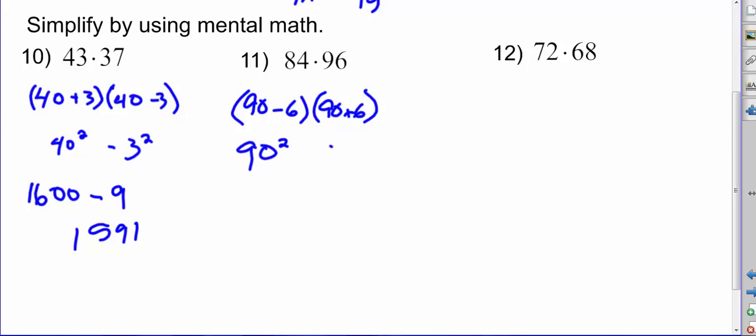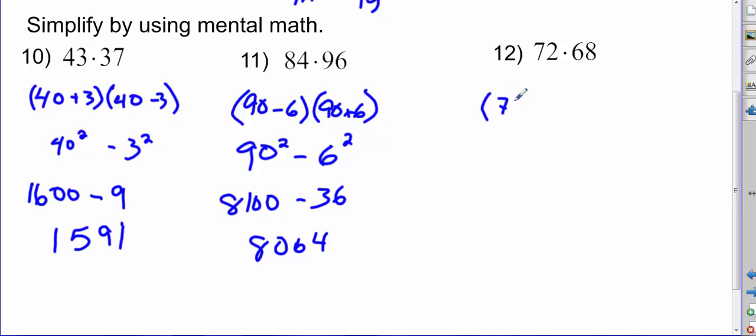So we can do 90 squared minus 6 squared. And we know 9 times 9 is 81, so we just need to tack on a couple of zeros. And hopefully we know what 6 squared is. And so all we have to do at this point is do a little bit of subtraction, and we can figure this one out without using a calculator. Kind of fun.